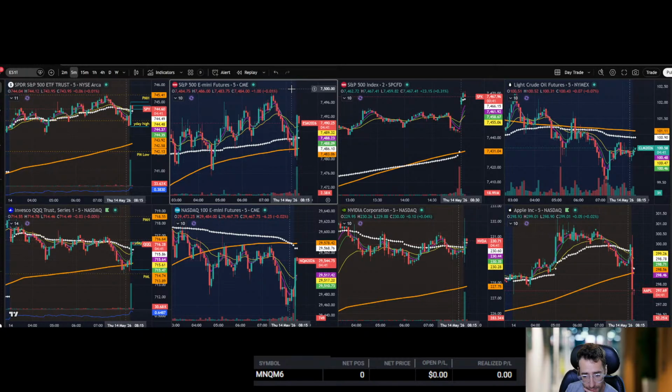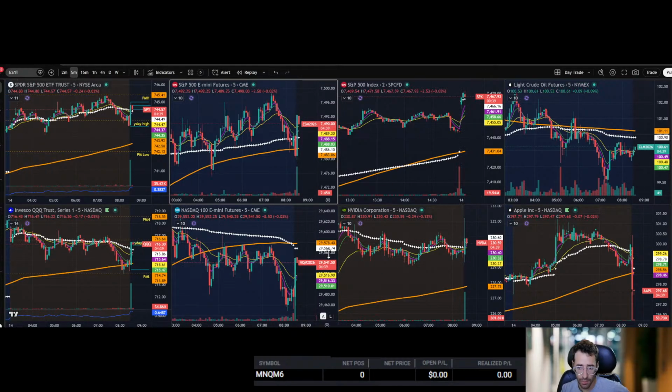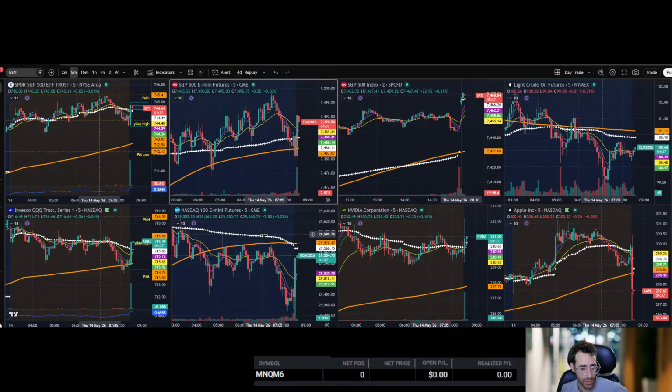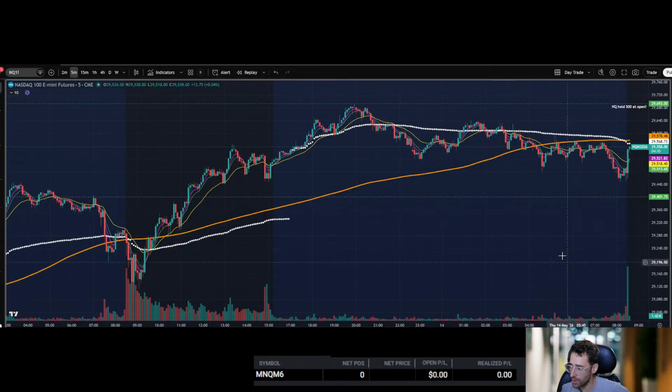Aside from that, there's really not much going on. The 600 level is a little bit interesting, but we've broken above it, so I'm not gonna mess with that. 700 is interesting right here.